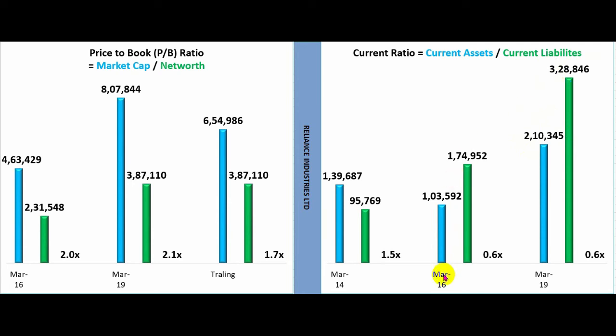If we look at March 16 also, the company's current liabilities were more than its current assets. In 14 the position was opposite, it had more assets than liabilities. So we don't want this position to be consistently there, as, I mentioned earlier, it creates working capital problems for the company.